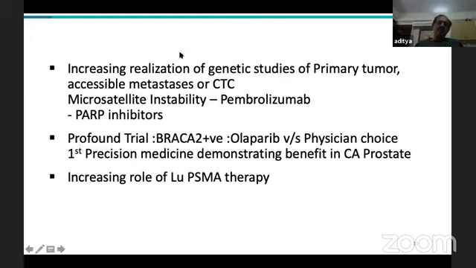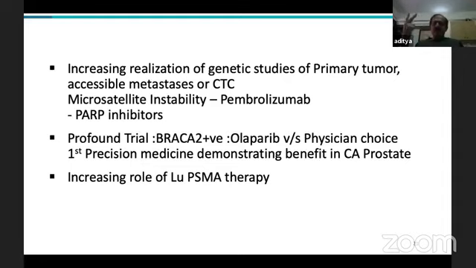So increasingly now we have come to realize that you need genetic studies on the patient's primary or accessible metastatic site to see what the genetic mutation is and then do precision therapy. That is the only way that you are going to selectively be able to treat the patient with the best available drug suited for him. And that is the way that the therapy of prostate cancer or CRPC is going forward.